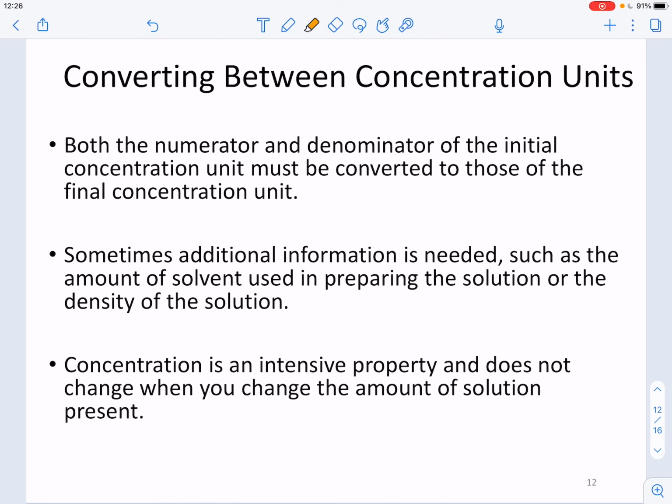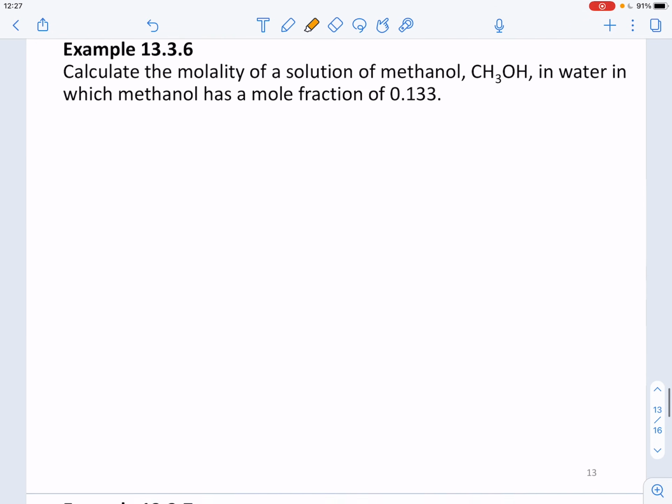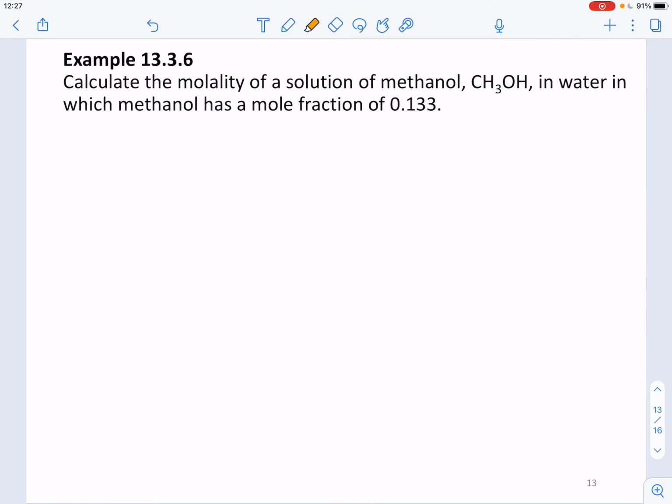If you are going from moles to grams, you have to use the equation for number of moles to make the conversion. And if you are converting between solvent, solution, and moles, you need all that information to play a role so that you can convert between these units. So let's go for this one first.